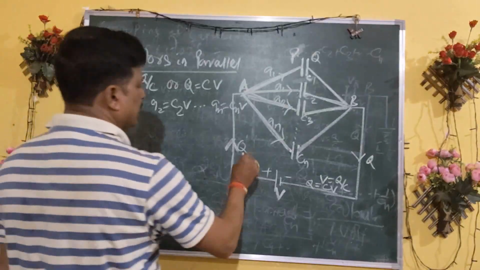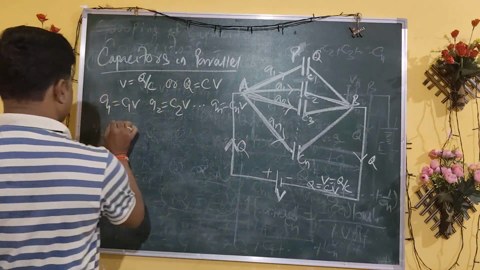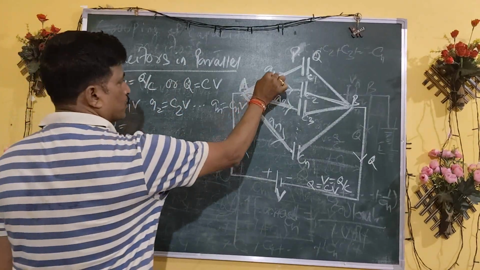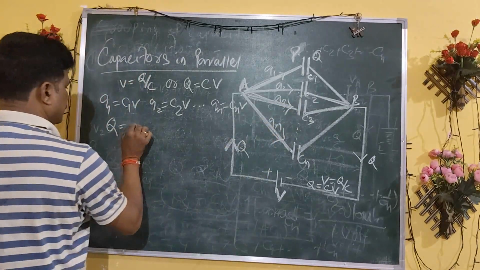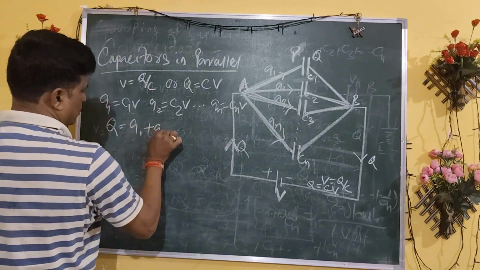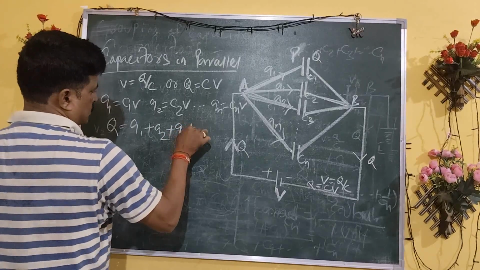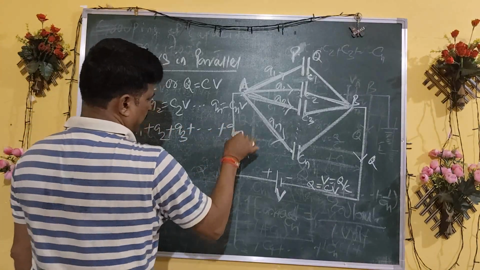As you know, the net charge Q is equal to Q1 plus Q2 plus Q3 plus dash plus Qn.